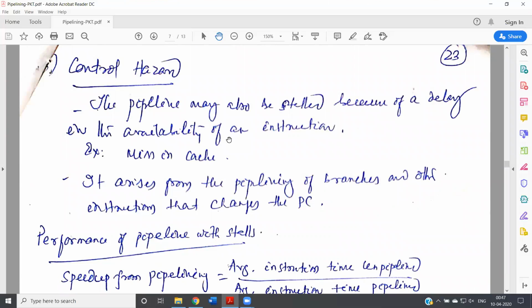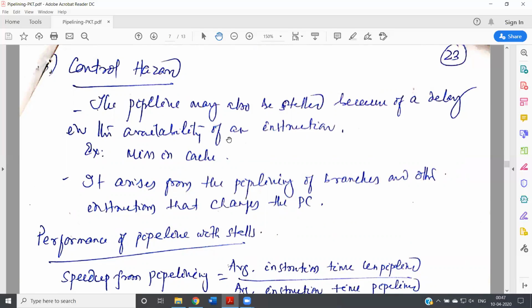The next one is the control hazard. The pipeline may also be stalled because of a delay in the availability of the instruction. Instruction may not be available. If there is a cache miss, it wants to read instruction 6 after 5 and 6 is not available, it's a cache miss, then the pipeline has to wait.